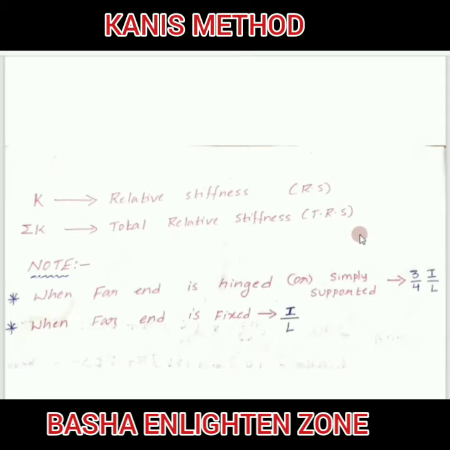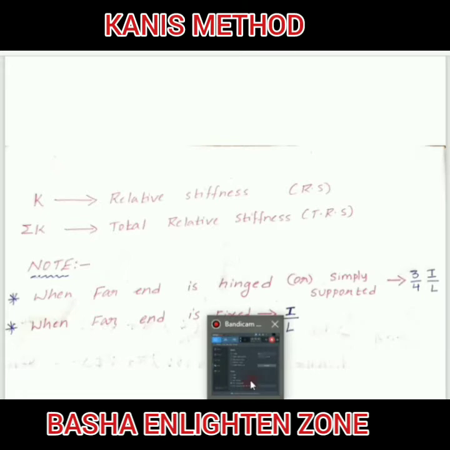Seeing from A, B is a simply supported condition, so the far end is simply supported. Then the condition applied here is 3/4 times I by L. For example, from B you see A, which means the A end is fixed. The far end condition, A, is fixed. Then you apply the formula I by L. That is the meaning here.